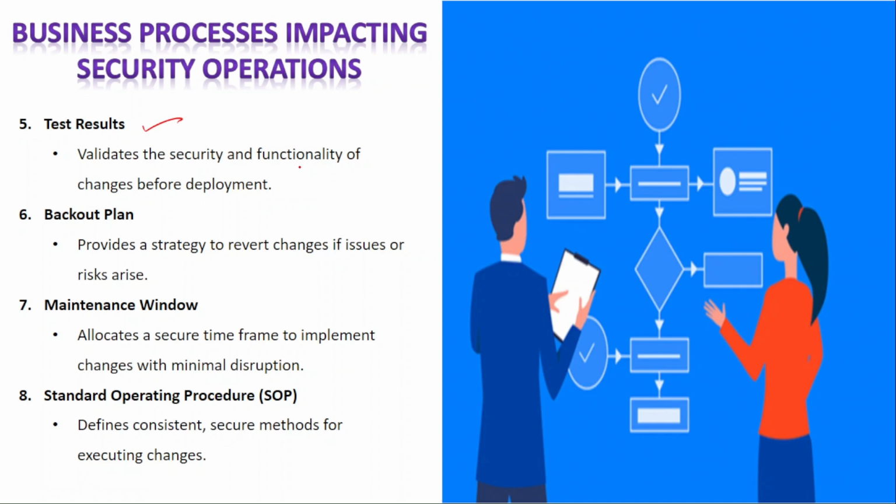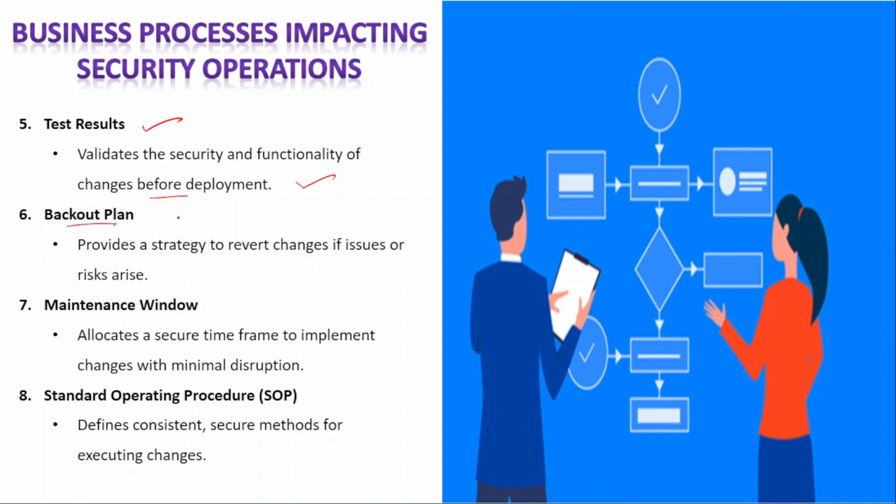The fifth one is test results. It validates the security and functionality of changes before deployment. So the required change is tested to ensure the validation of security and functionality before final implementation inside the production system. Backout plan, this is important. It provides a strategy to roll back changes if issues or risks arise.